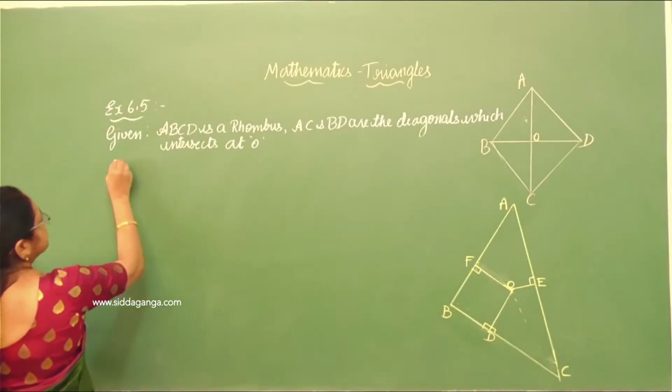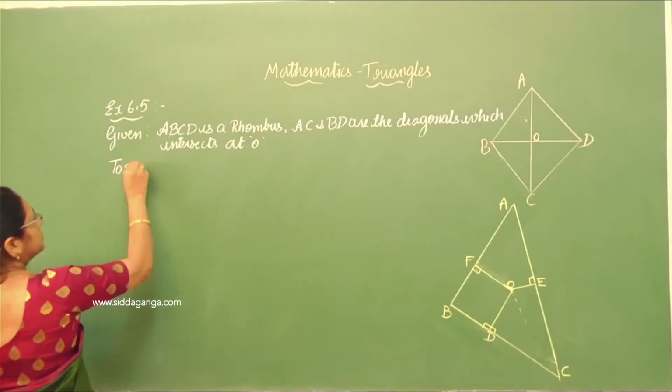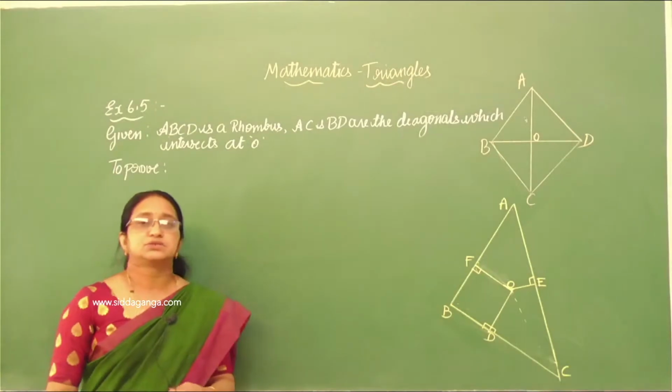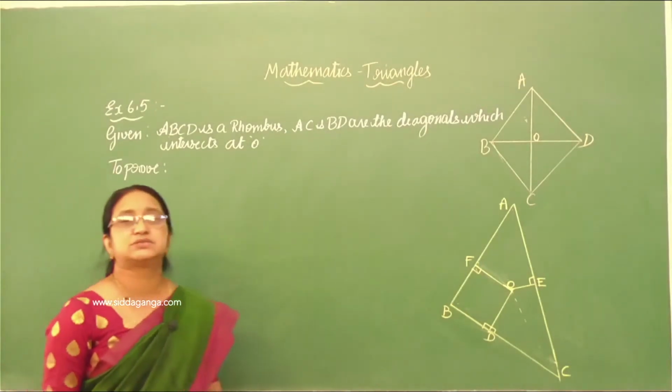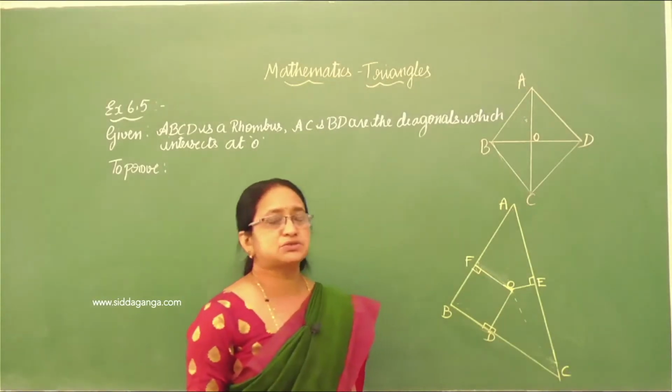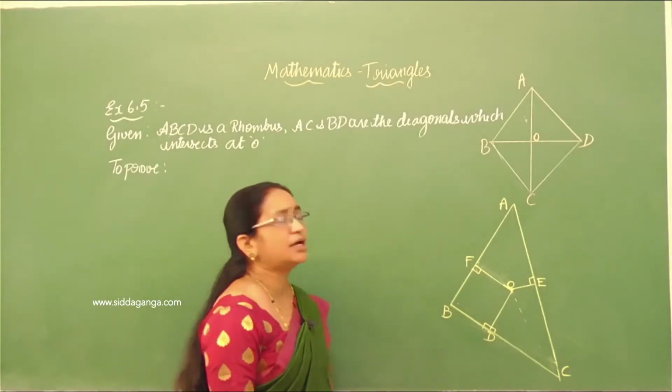Next, to prove, what you have to prove? You have to prove the squares of the sides of the rhombus. The sides are AB, BC, CD and DA.